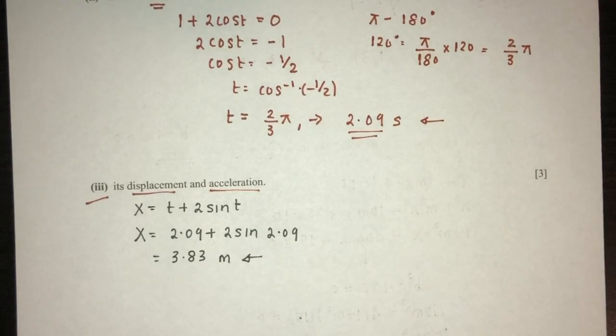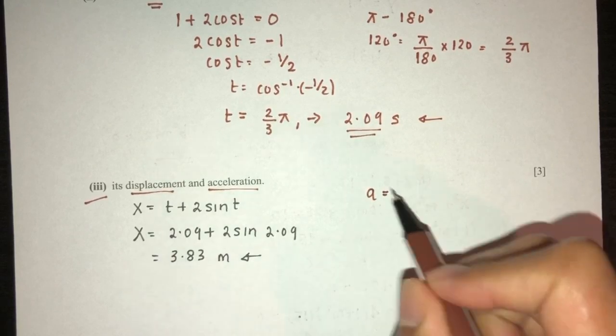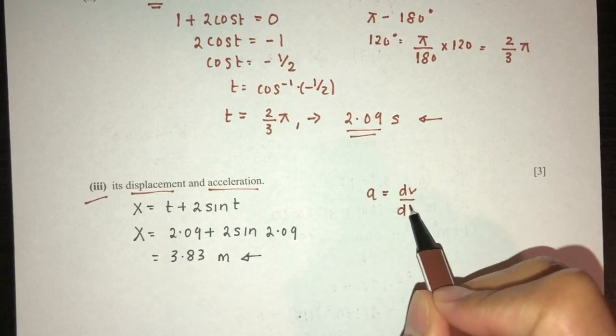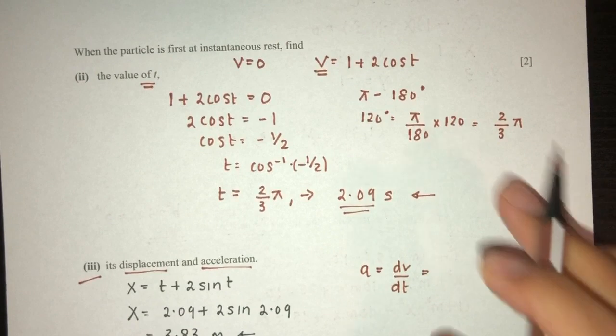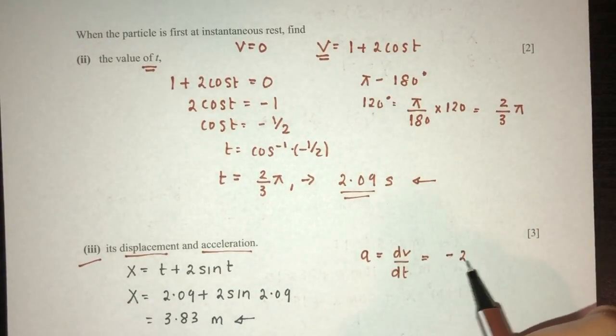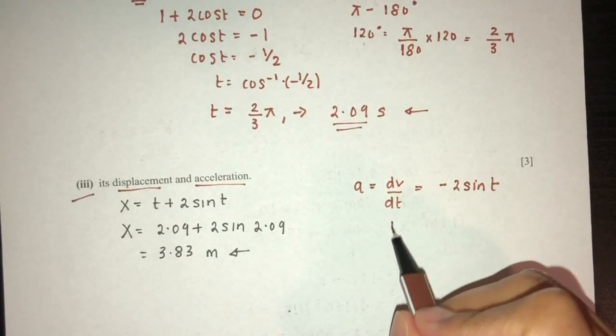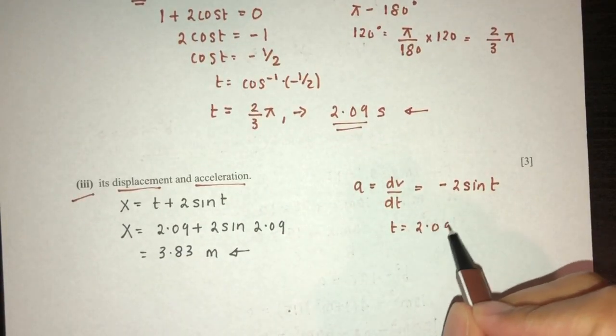Now to find the acceleration, we first have to find the formula that we have. So we know that a, which is acceleration, is equal to dv by dt. That is equal to what? That should be, this is 0, then that becomes minus 2 sine t. So let's replace the value of t by 2.09.